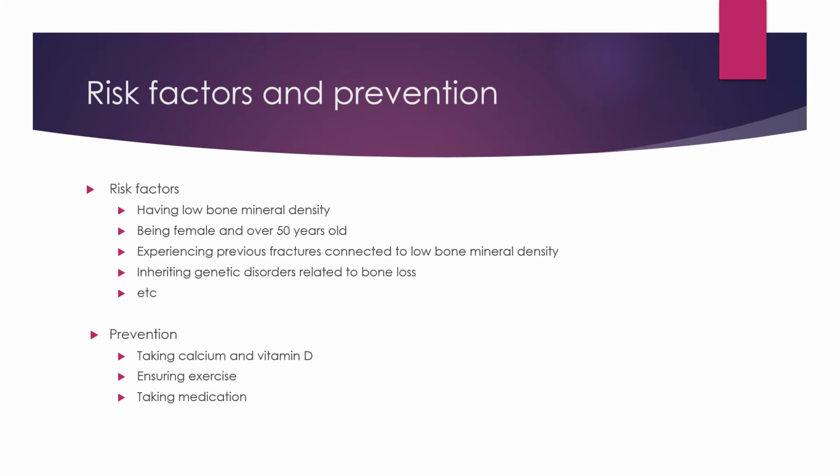Furthermore, they provide recommendations regarding lifestyle approaches such as calcium and vitamin D intake and physical activity, in addition to the use of medications for the prevention and management of osteoporosis.